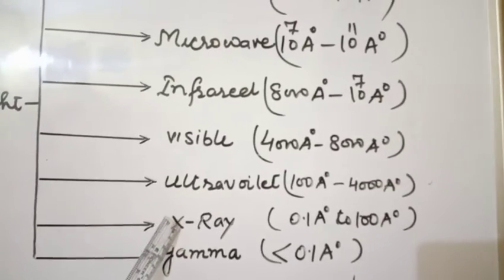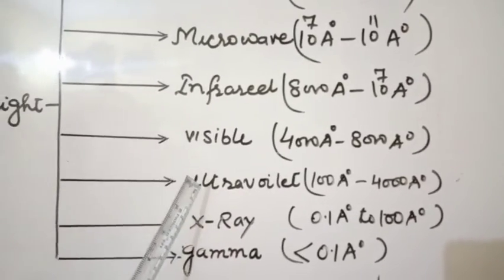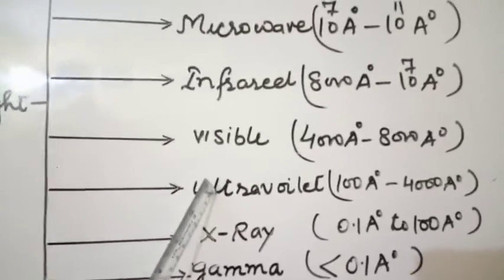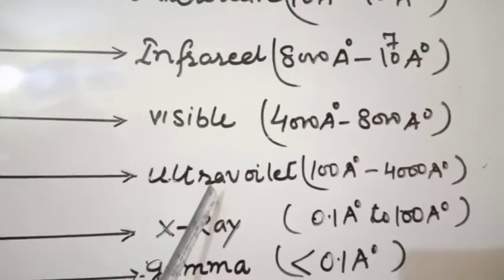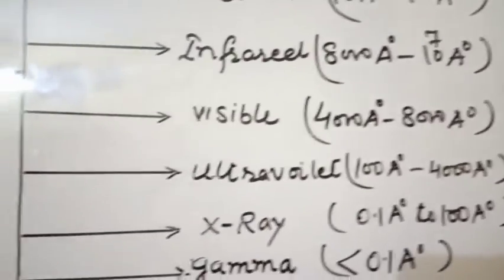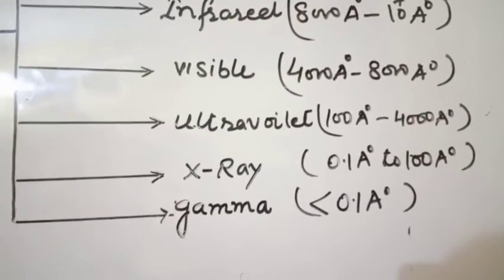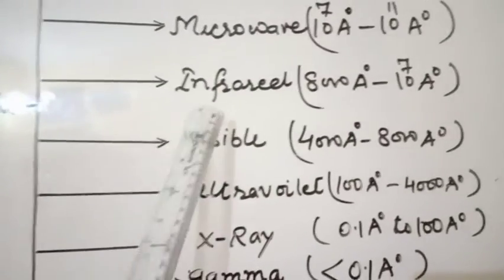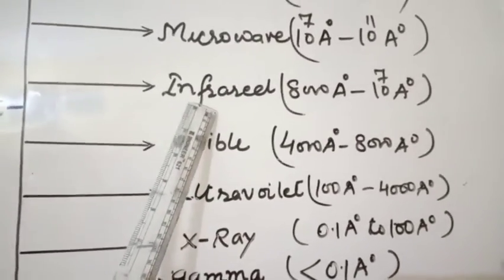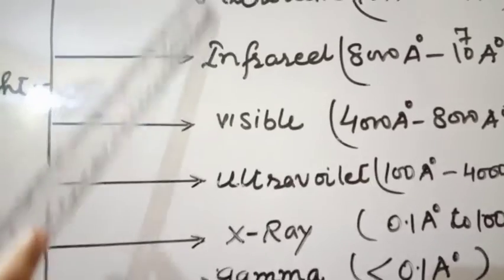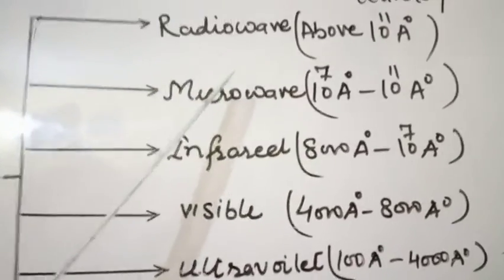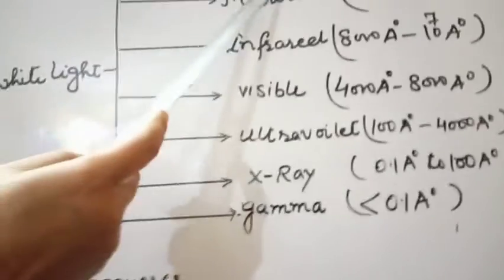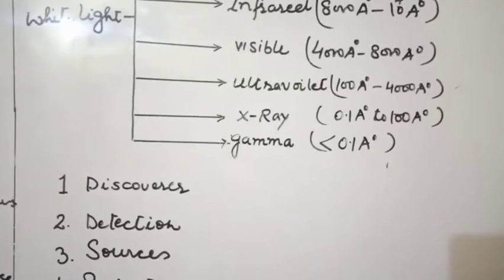X-ray produces fluorescence. Ultraviolet can pass through a quartz prism, and it is less scattered by dust particles. Visible light, we can see the object in visible light. Infrared can pass through a rock salt prism. Microwave and radio wave have the common properties: they travel with 3 into 10 raised to power 8 meter per second, and they exhibit refraction.